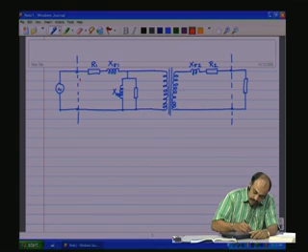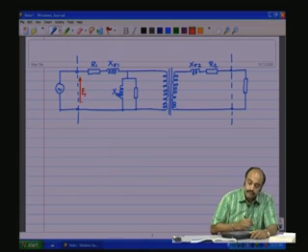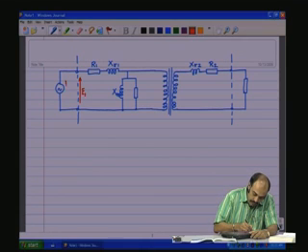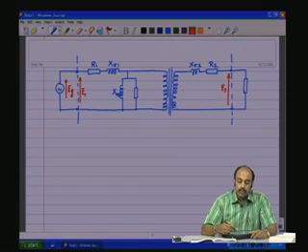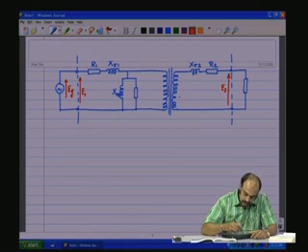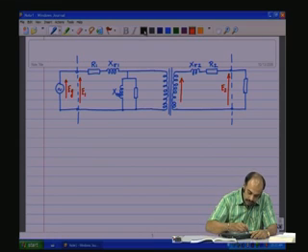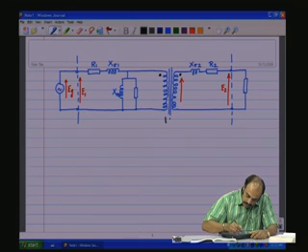So, this is E 1, and of course, this is E g, the generator voltage. This is the secondary terminal voltage E 2. Now, let me introduce the dot polarity. These are the dot polarities. This is 1:n.